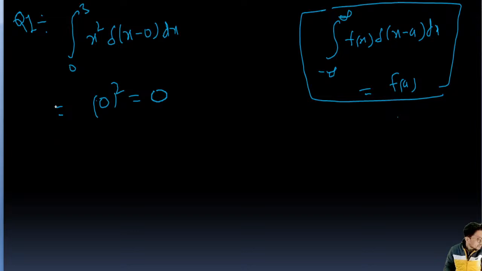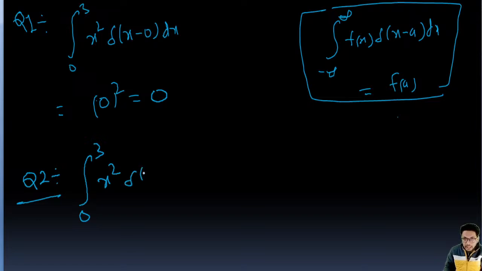okay. The next question is question number 2. Very simple questions based on formulas, but very important to understand Dirac delta properties, okay. Second is integral 0 to 3 of x square delta(x minus 1) dx, okay.